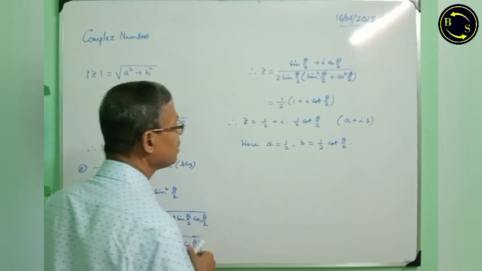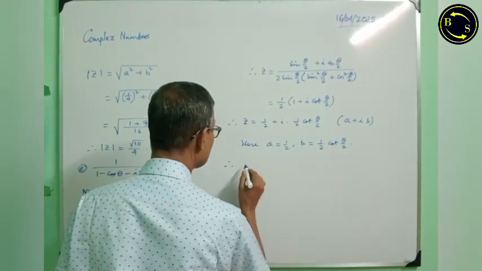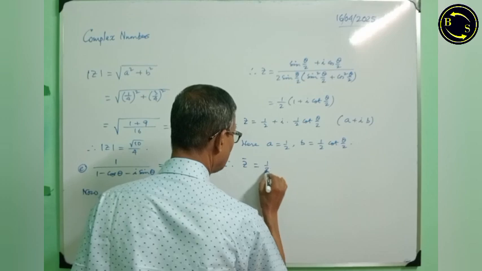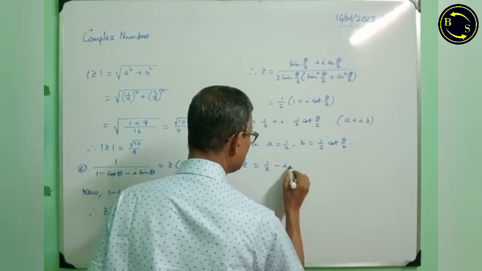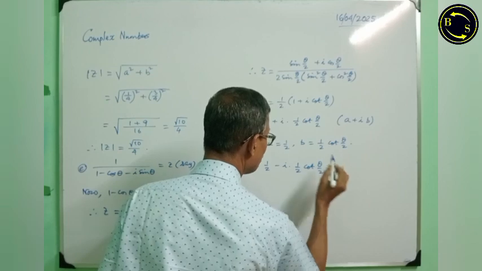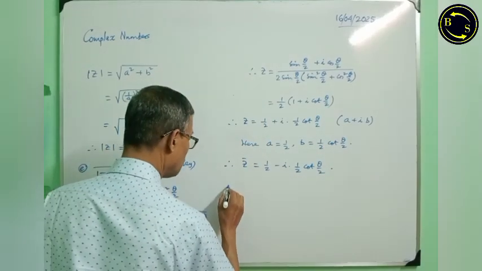First of all, I find the complex conjugate, that is z bar, half minus i into half cot theta by 2. Then find the modulus.